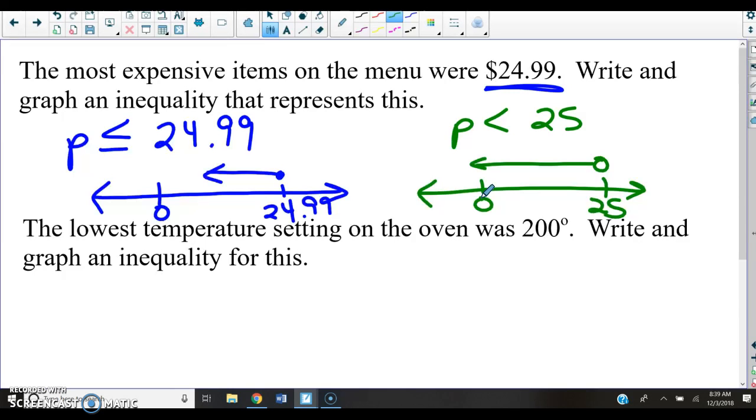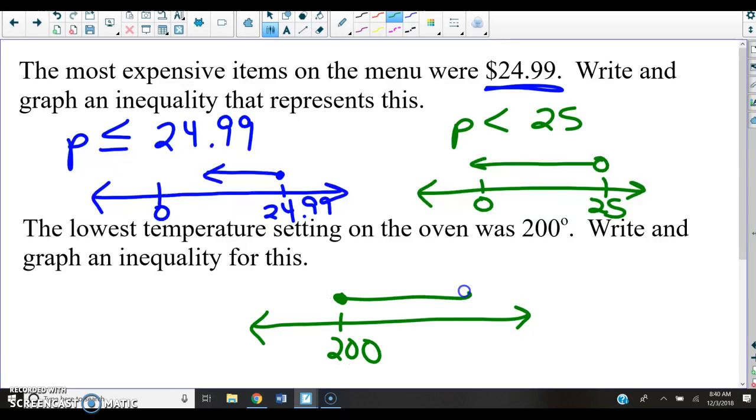Okay, the lowest temperature setting on the oven was 200 degrees. So that means my temperature started at 200 degrees and they got hotter. So now my temperatures are greater than or equal to 200 degrees.